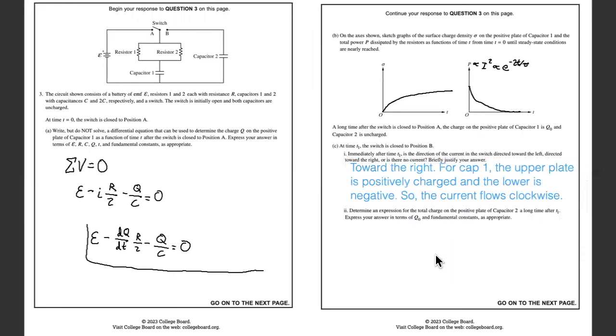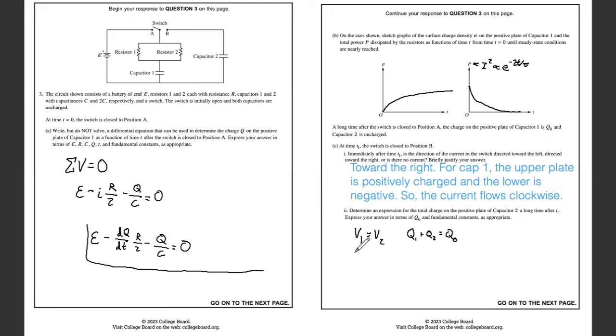Awesome. Determine an expression for the total charge of capacitor 2 a very long time after the switch has been moved. Well, there's one thing that should be equal on both capacitors after a very long time, and that is the potential difference between the plates. So I would say that V1 has to be equal to V2, but keep in mind that Q1 plus Q2 has to equal however much charge you have originally, because charge is conserved, which is Q0.